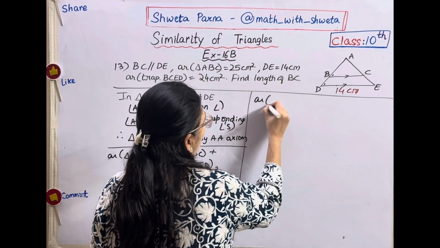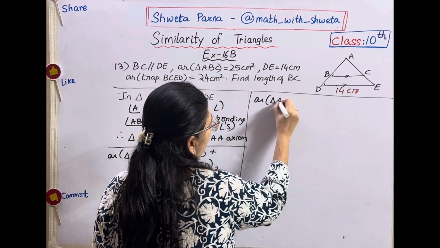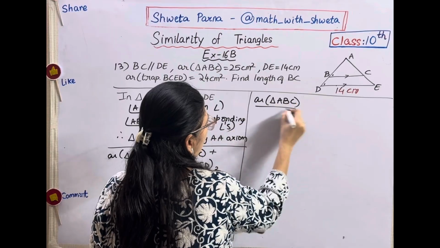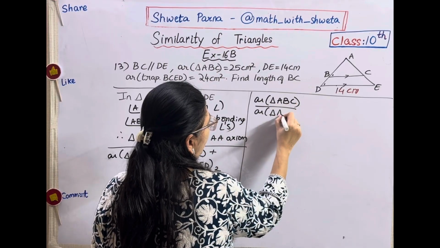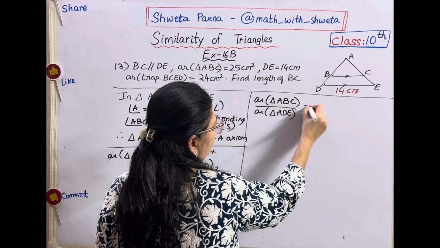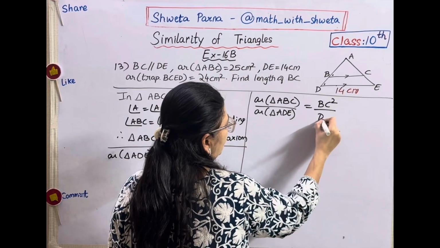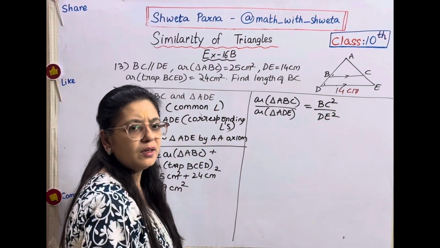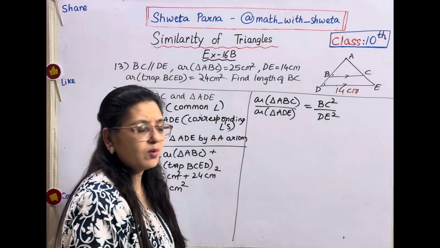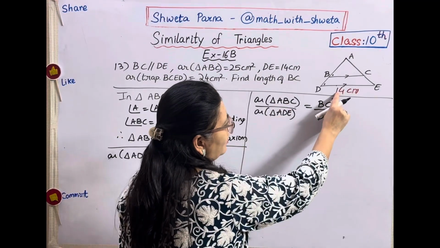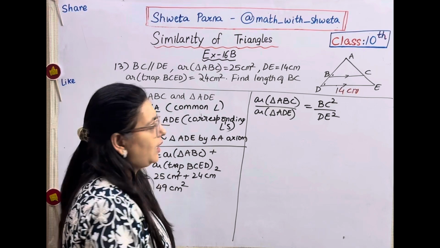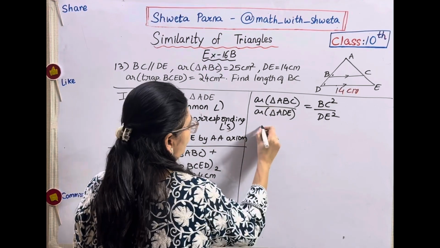Come on now, you can use the theorem. Area of triangle ABC upon area of triangle ADE is equal to BC square, and you will take here DE square. Area of two similar triangles are proportional to the squares of sides. This side is given, so you will have to find BC, right? So what is ABC?